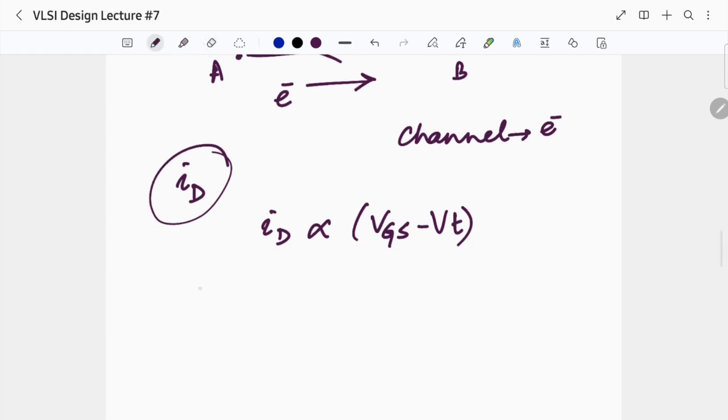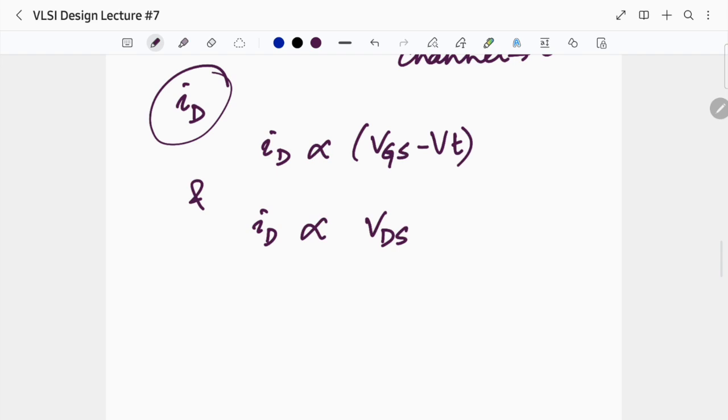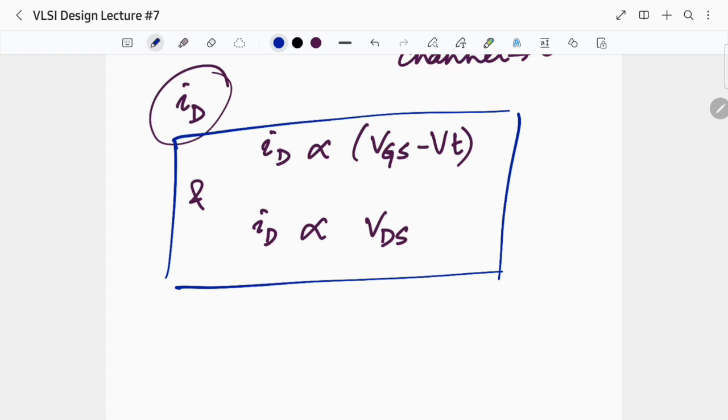And ID, the amount of current that flows from drain to source, also depends on the level of VDS you are applying. Of course, it's a valid point, right? There has to be a voltage difference between point A and B for the current to flow. So these are the two points on which the amount of current depends.